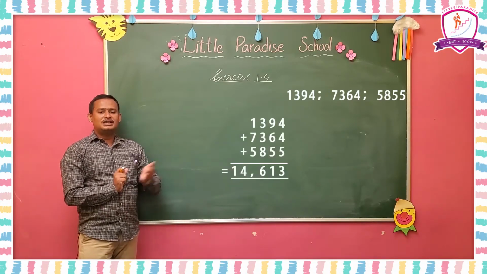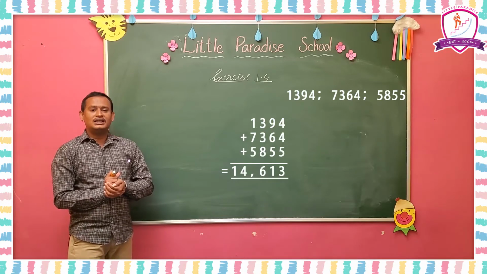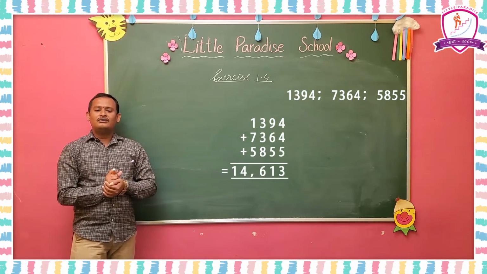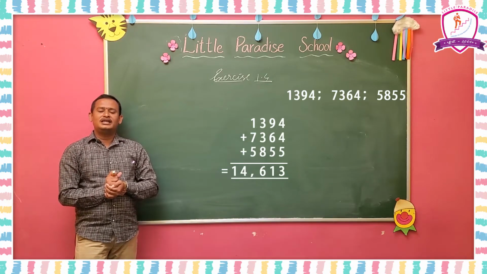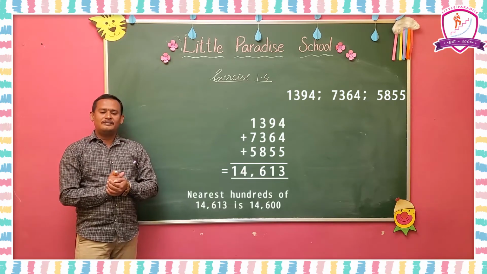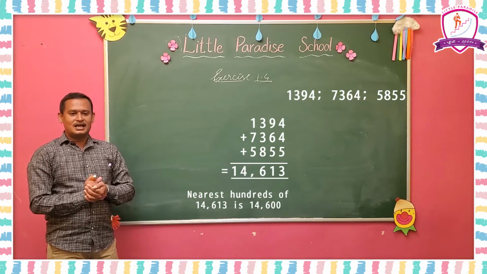When you add these three numbers, the actual sum is 14,613. We round it off to the nearest hundreds. In the tens place 1 is there, so the hundreds stay 600. So 14,600 is the answer.